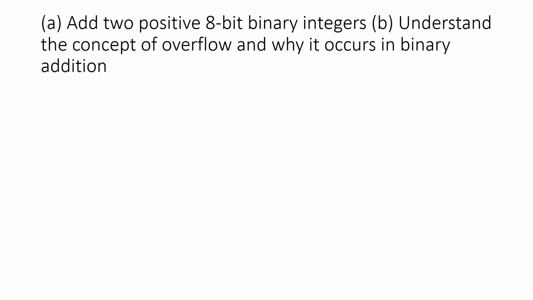So this one you might get asked to add 8-bit binary numbers and also understand the concept of what an overflow is. So let's just put the rules on first. 0 plus 0 is always going to be equal to 0, 1 plus 0 is equal to 1, 0 plus 1 is also equal to 1, but 1 plus 1, which is 2, remember, we have to write the binary for 2, which is 1 0, which looks like 10, but remember it's not because it's binary.